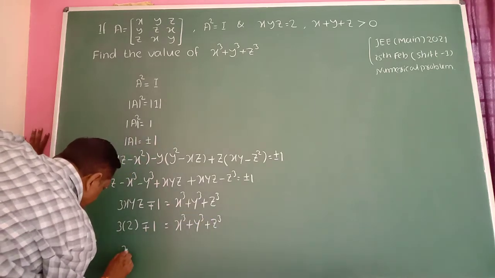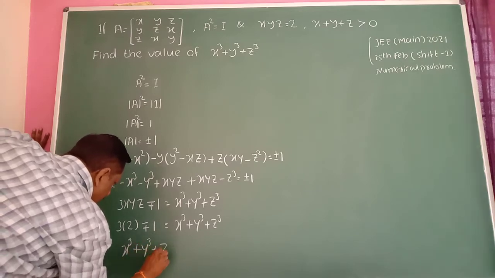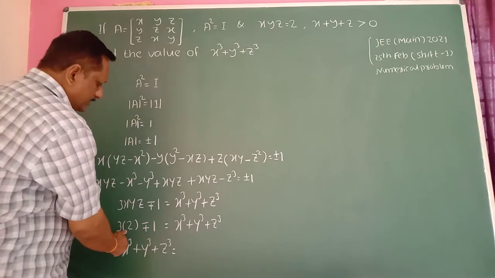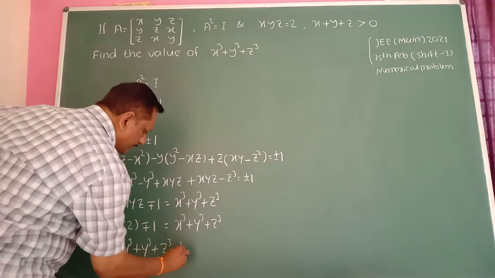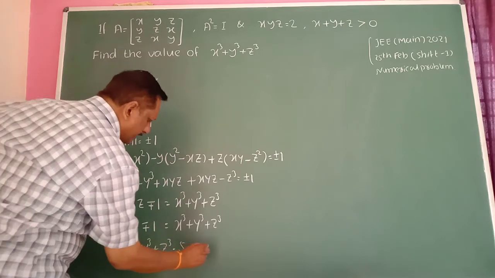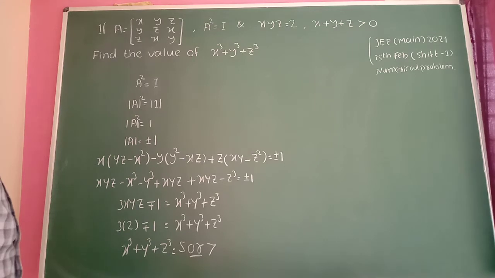Hence x cube plus y cube plus z cube is 3 2s are 6, 6 minus 1 is 5, or 3 2s are 6 plus 1 is 7. So 5 or 7.